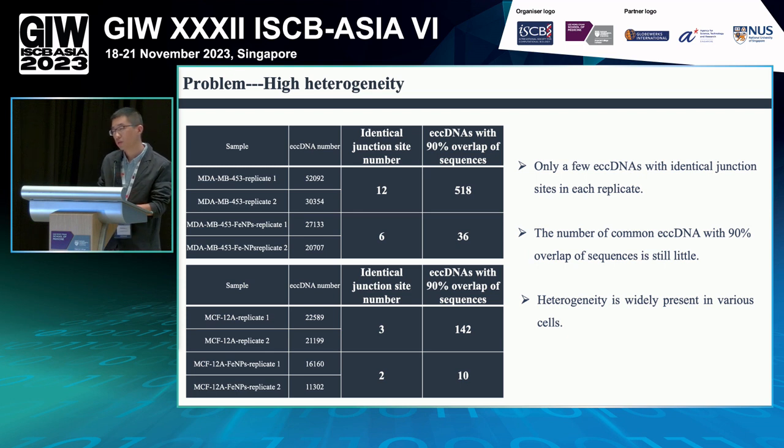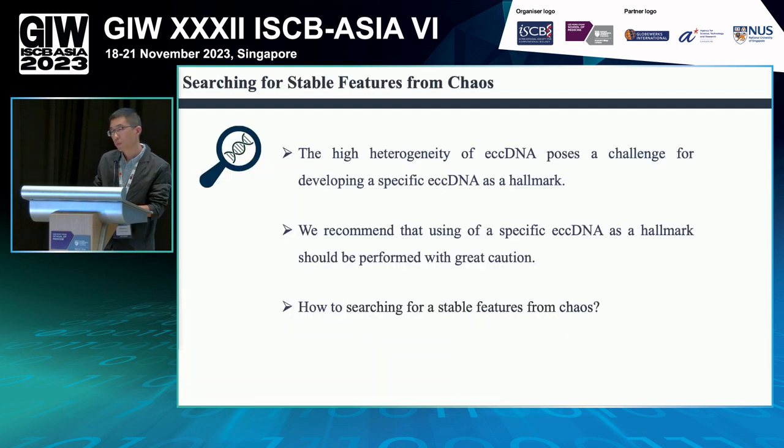We found this phenomenon in biological or technical replicates in other cells. So we think the high heterogeneity of eccDNA may pose a challenge for developing a specific eccDNA as a hallmark, because a specific eccDNA may not often be identified in its replicate.